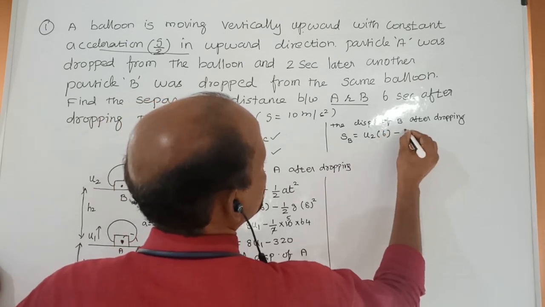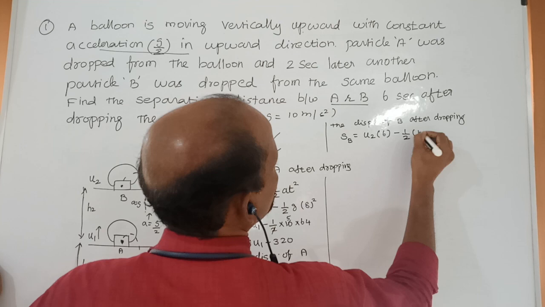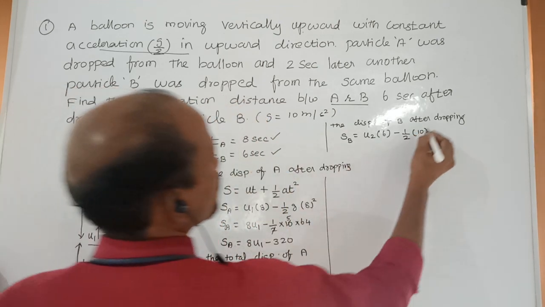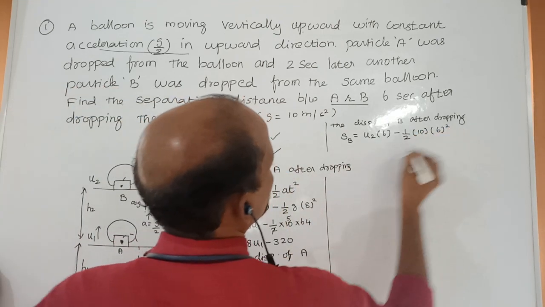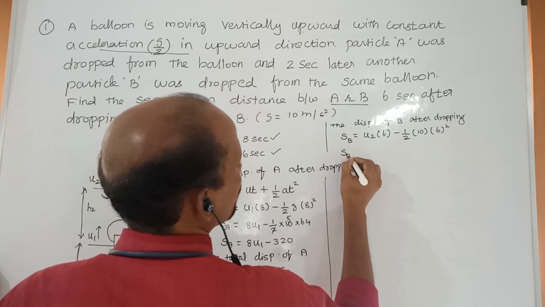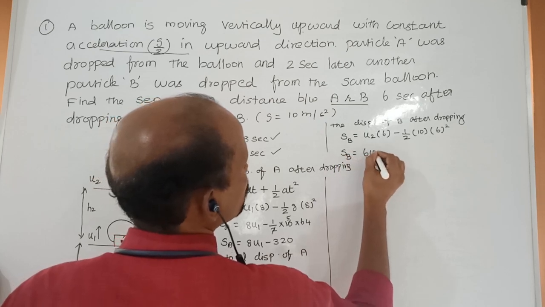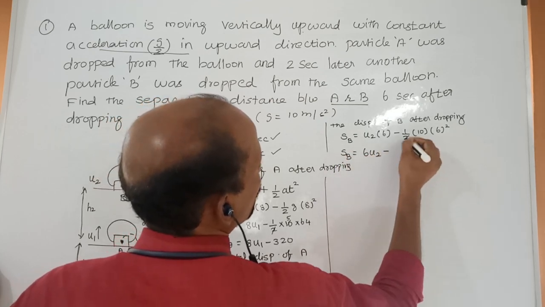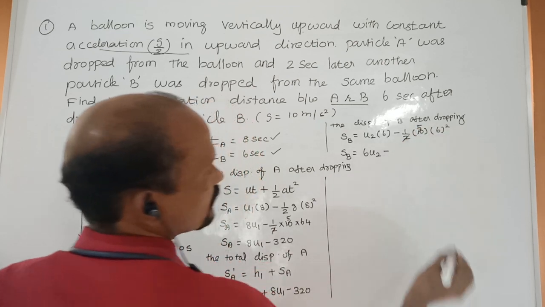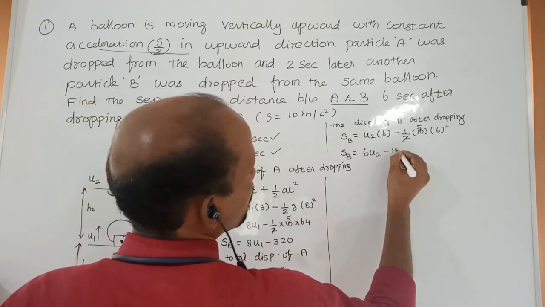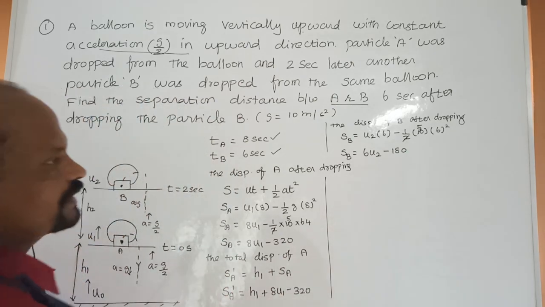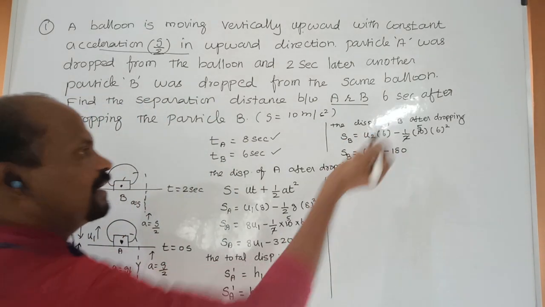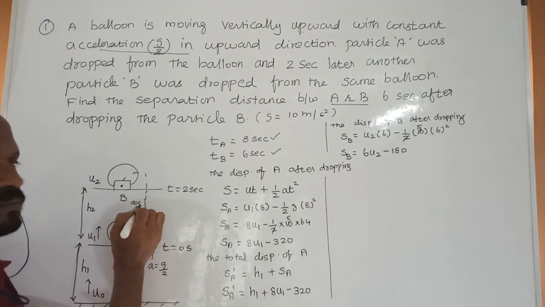Then minus 1 by 2, here g is equal to 10, then t square equal to 6 square. So S_B equals 6u2 minus 1/2 times 10 times 36, which is 180. So this is the displacement of the particle B after dropping.